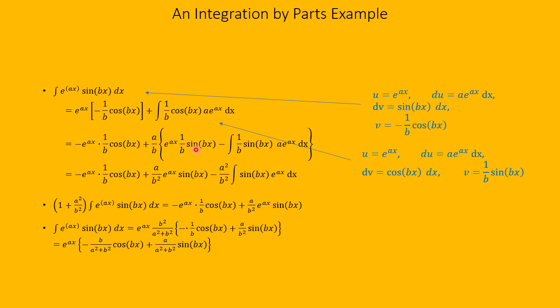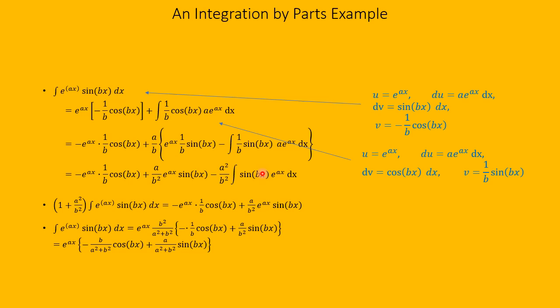And then on this integral over here, we have an a that we can pull out front divided by b that we can pull out front, also multiplied times a over b here. And so all together that gives us minus a squared over b squared as a factor times the integral of sine bx e to the ax dx.